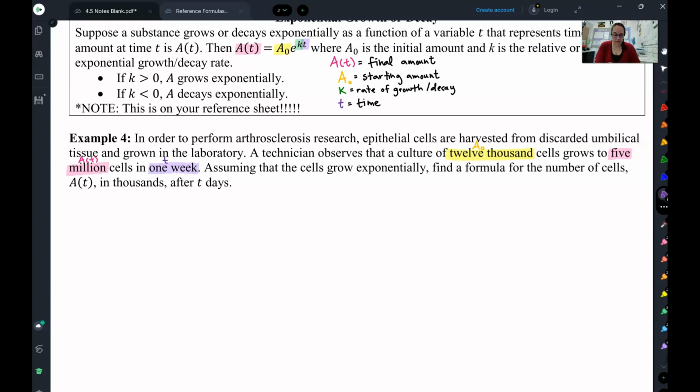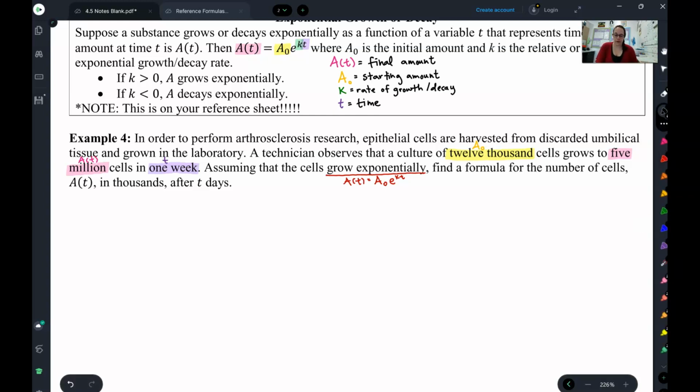It says, assuming that the cells grow exponentially. By the way, this phrase grows exponentially is your key word to use this formula. Just like how in the last video you looked for the words compound continuously to know to use the PERT formula, you look for the words grows exponentially, and that tells you to use this formula.